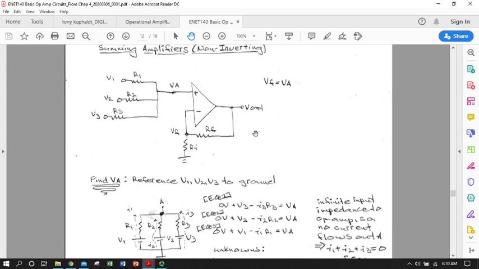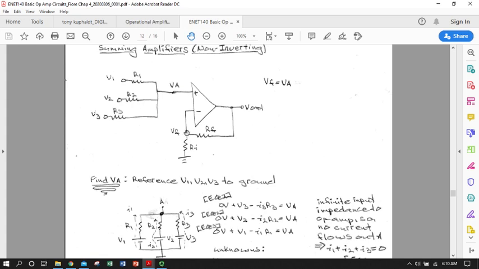So let's think about that again. V out is going to be controlled by the properties of the amplifier and the voltage at our non-inverting terminal, which itself is going to be a function of our inputs. This voltage set by the inputs is going to reflect down to V sub F. It'll be a known quantity that we can calculate based on combining these somehow with simple rules of DC circuits or AC circuits.